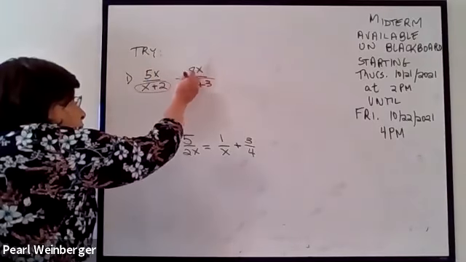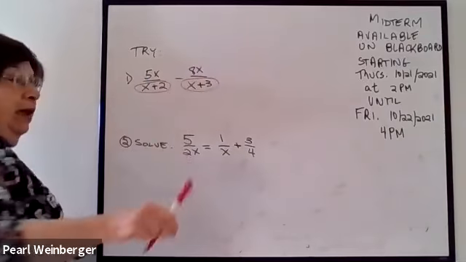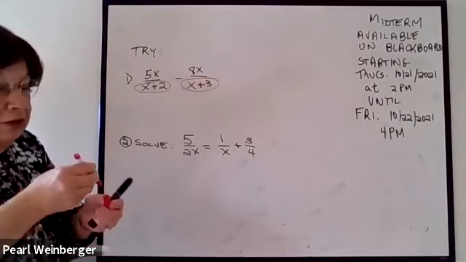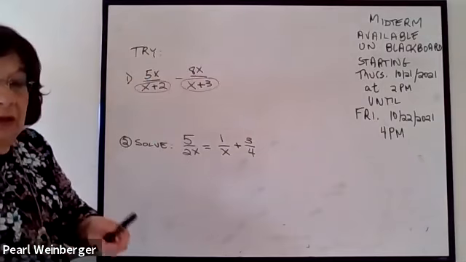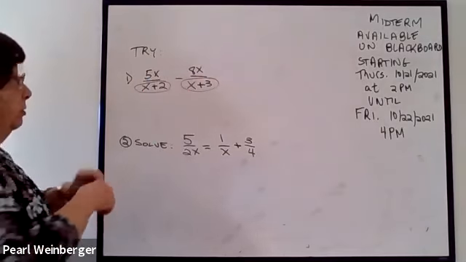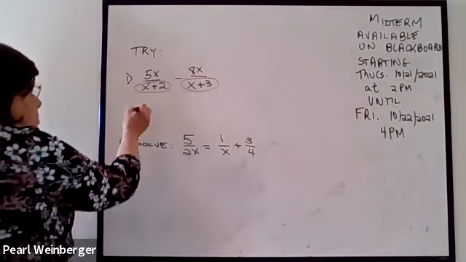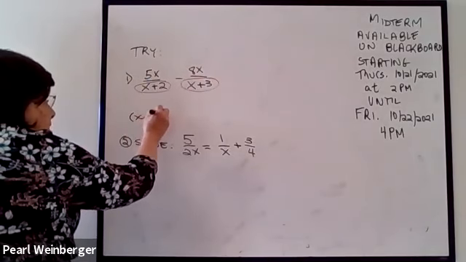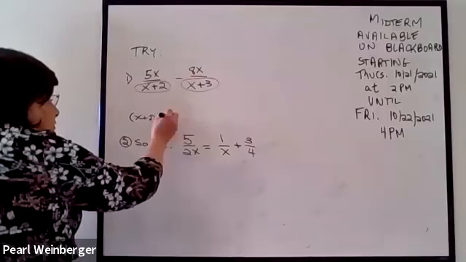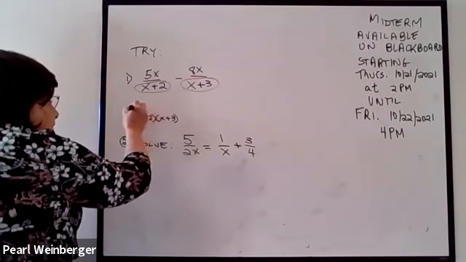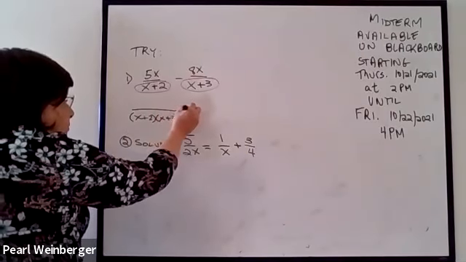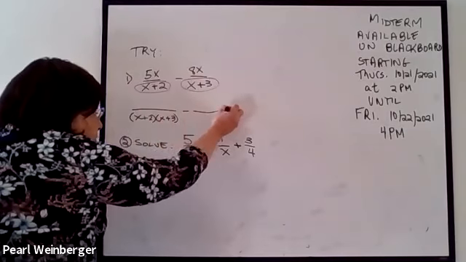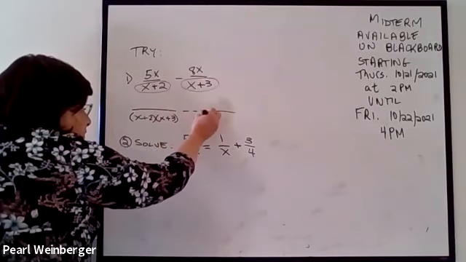So I've got to circle that as well. And if I put all these circled factors together, which is going to be the x plus 2 and the x plus 3, that is going to be our common denominator.